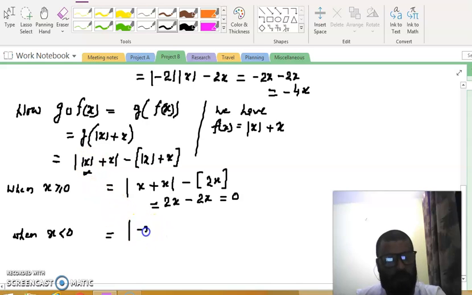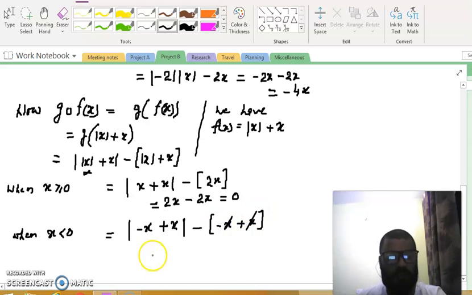So negative x, and this is not in the mod, so let it remain the same, minus, and this x will become negative, and this is positive x. So they cancelled out, that is also cancelled out, so this comes out to be 0.